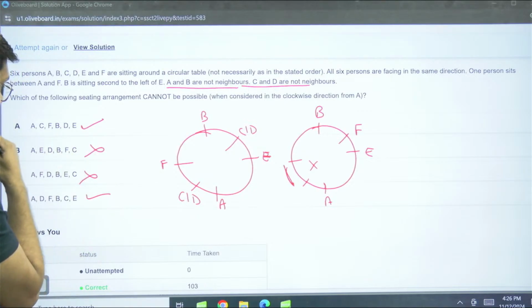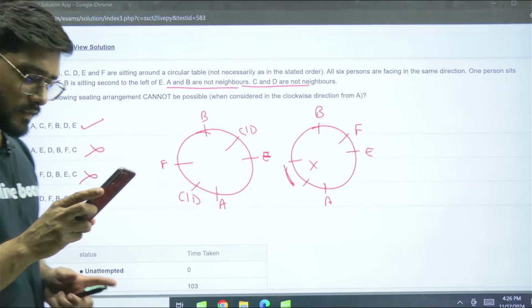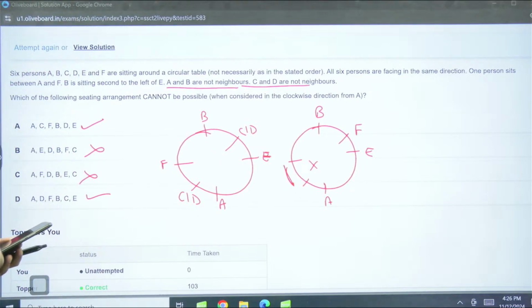Now why are these two creating a problem? I am not getting this one. What's wrong in this question? C is not possible. How is C not possible now?